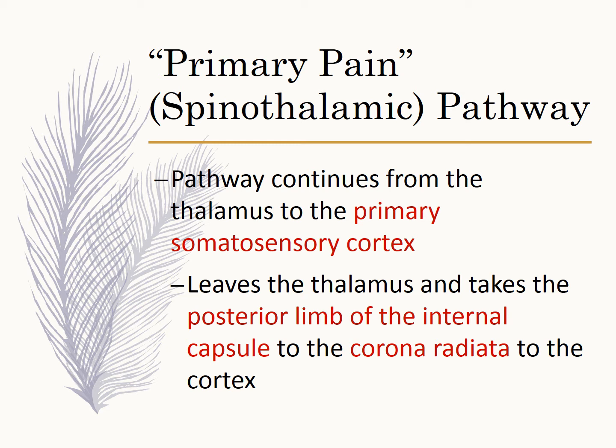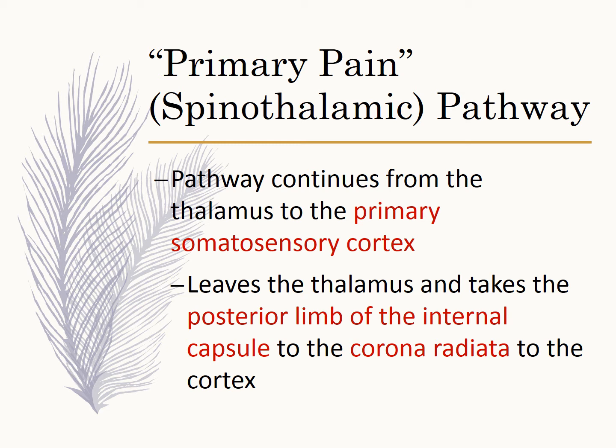And the corona radiata is really an area within the cerebrum that is composed of neuron axons that are either heading towards the cortex or descending down from the cortex.